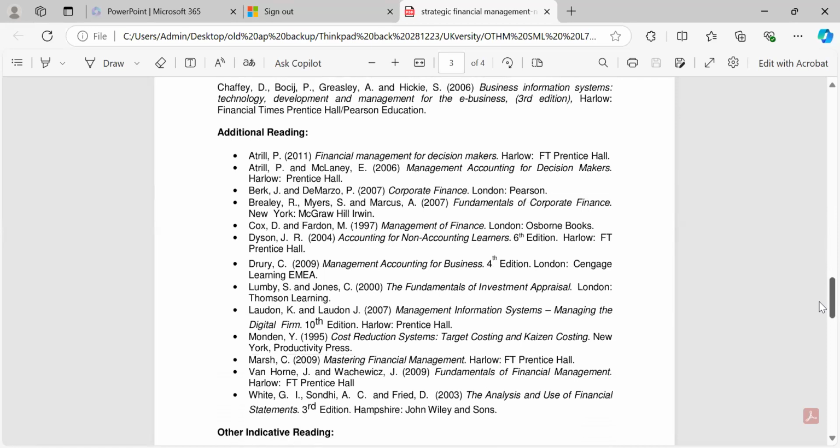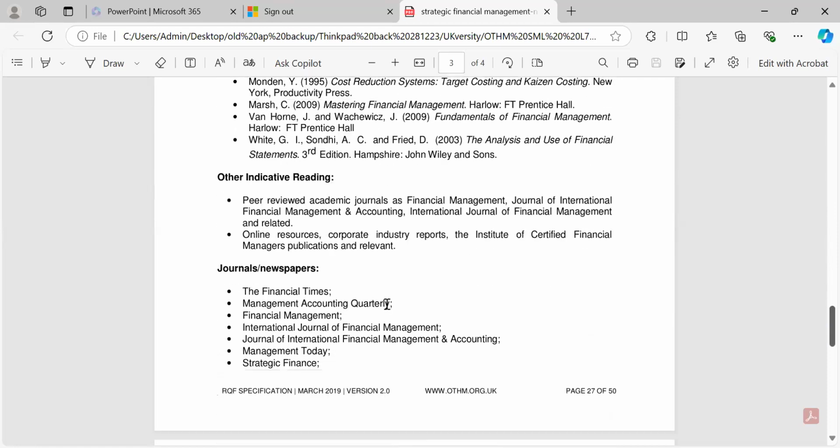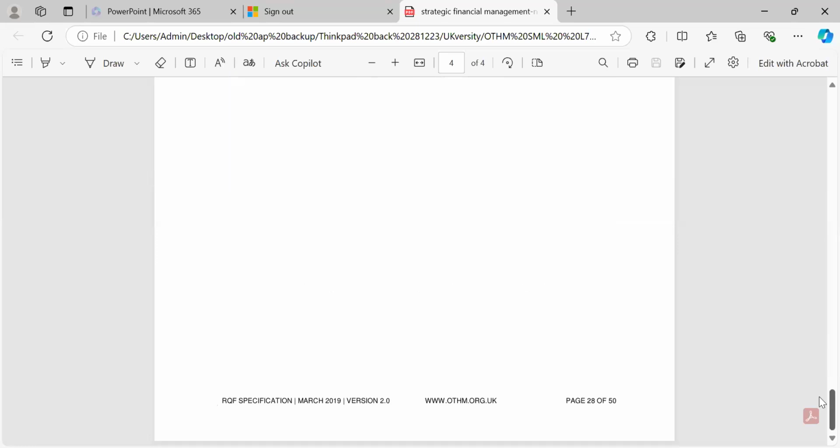It's quite good to follow these, and also the websites and journal articles on financial management, to enhance your further understanding. These websites are quite relevant: cmanglobal.com, ATHE, and companyhouse.gov, where you can find information about any companies and download their statements as well. Those are companies registered in the UK at Companies House.